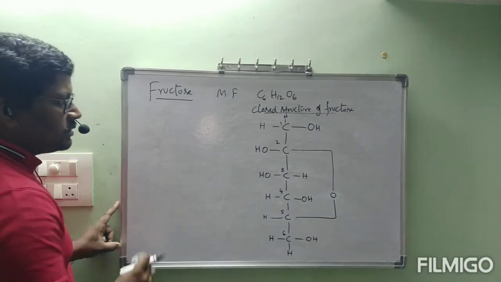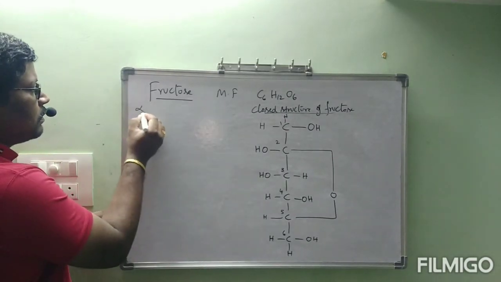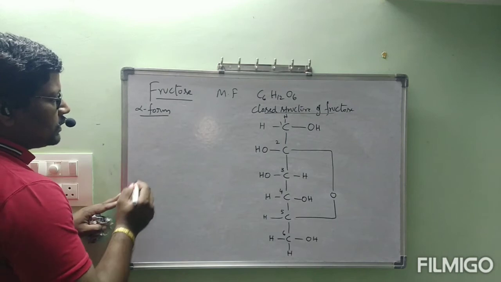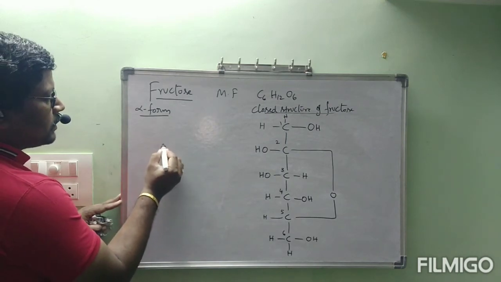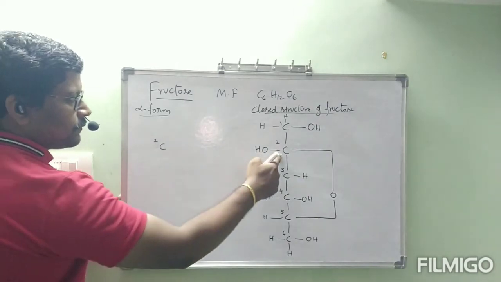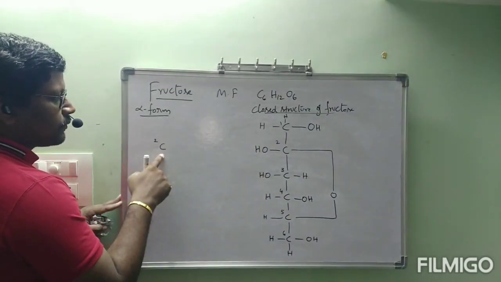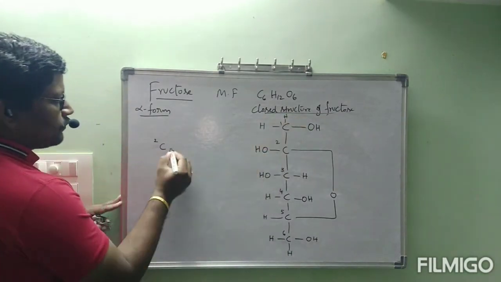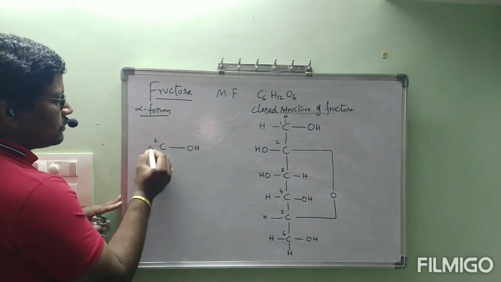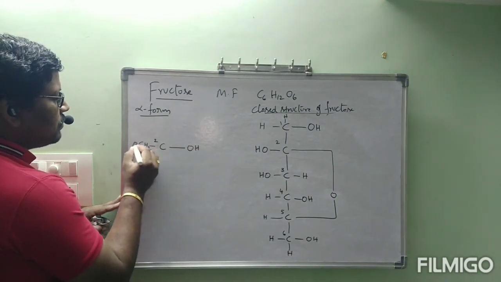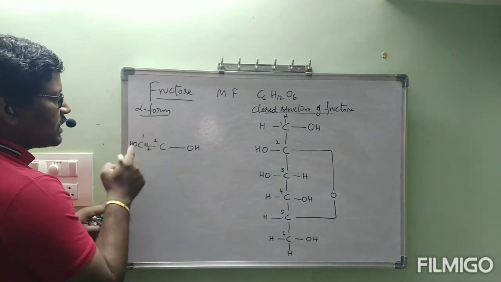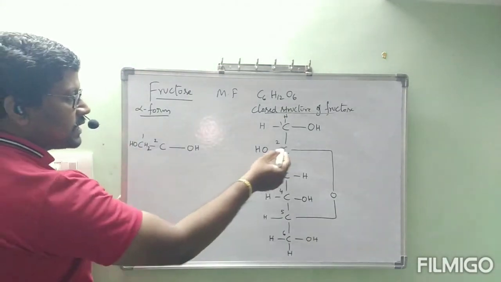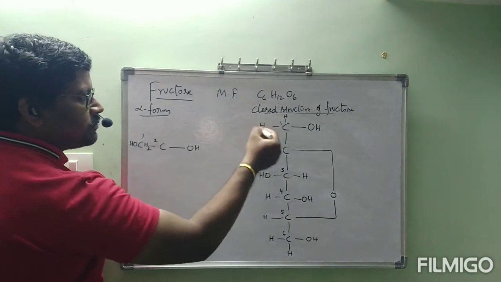Before writing the Haworth structure, I am writing alpha form by using Fischer projection. Okay, now observe. Second carbon contains CH2OH and OH. OH on right side, CH2OH on left side. This is first carbon. See, second carbon as it is. It is bonded to first carbon.